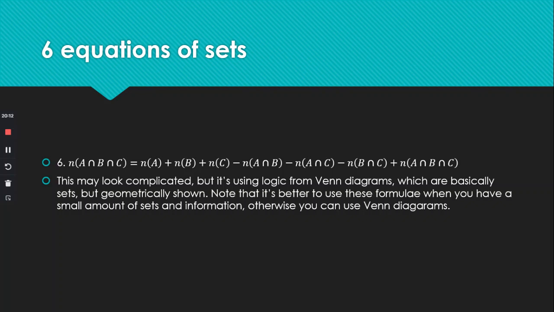First, you have plus, plus, plus when you only have one set. We're talking about the number of elements in A, B, and C. And then you subtract the number of elements in A intersection B, A intersection C, and B intersection C. If you imagine a Venn diagram of three circles, you might have seen it before, one is at the top and two are on the bottom.